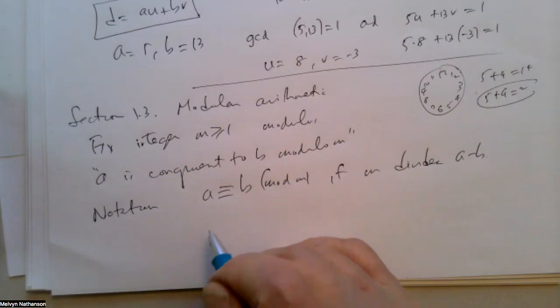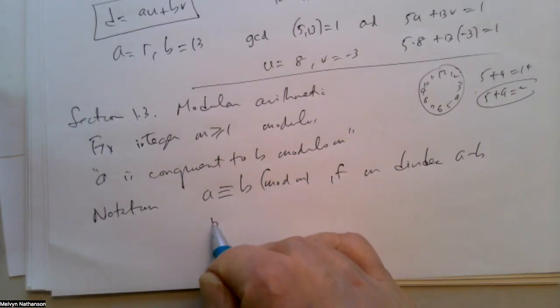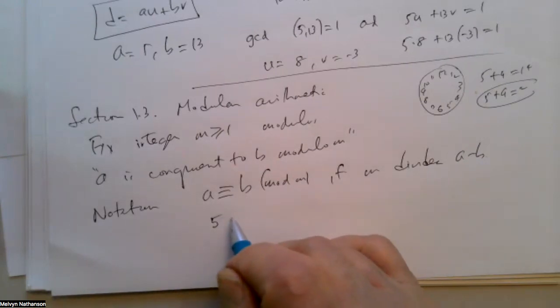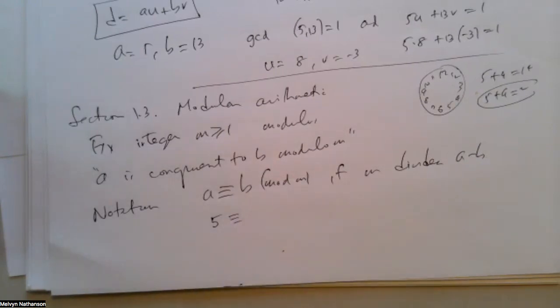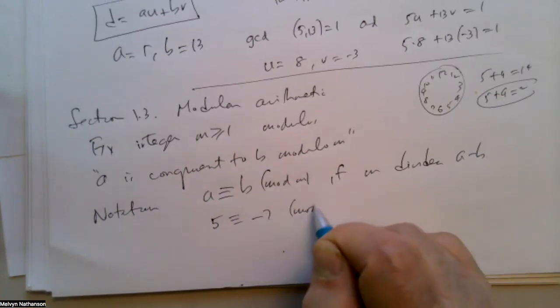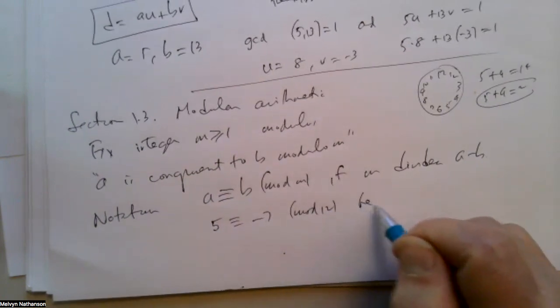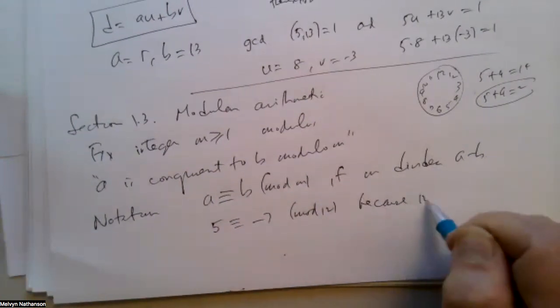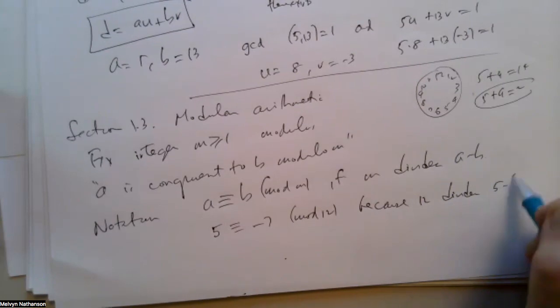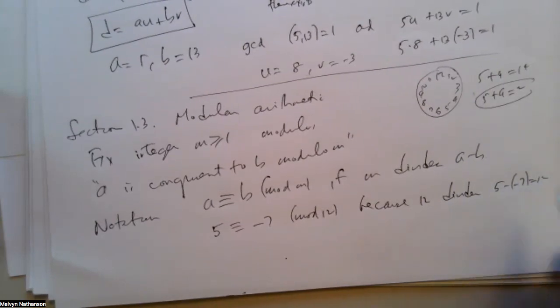Okay. So for example, 5 is congruent to -7 mod 12, because 12 divides the difference, 5 minus -7, which is actually equal to 12.